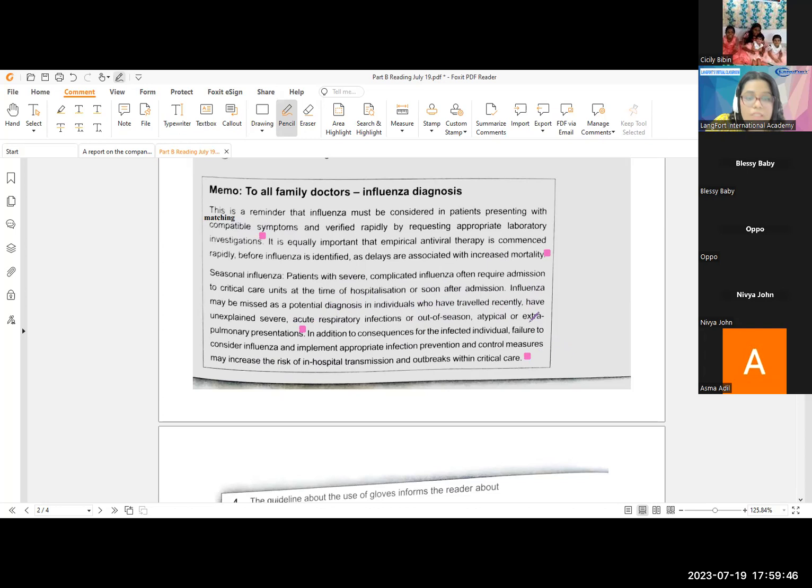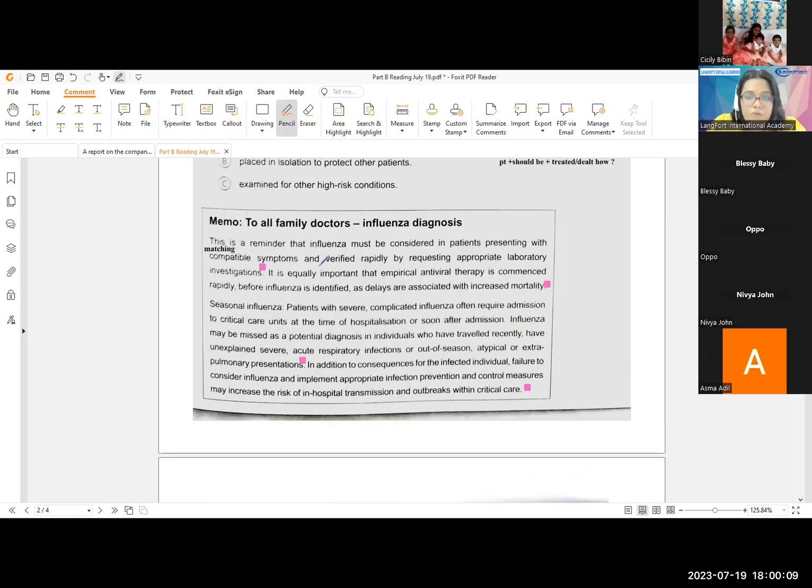So if you fail to identify influenza and start appropriate prevention and control measures, it not only puts the infected individual at risk, it may also increase the risk of in-hospital transmission and lead to outbreaks within the critical care unit. So this entire memo reminds family doctors that patients who come with matching symptoms need to be rapidly sent for laboratory investigations, and at the same time, before you identify the disease itself, you need to start the treatment.